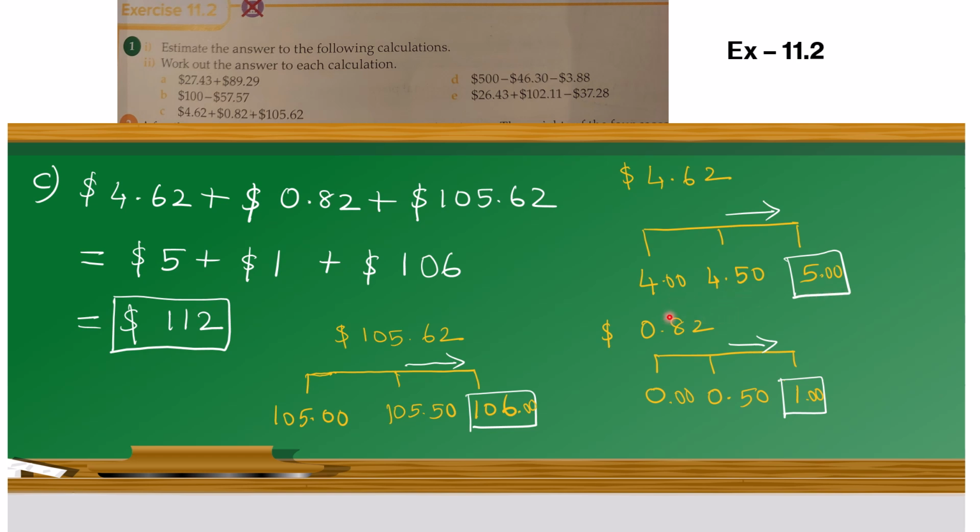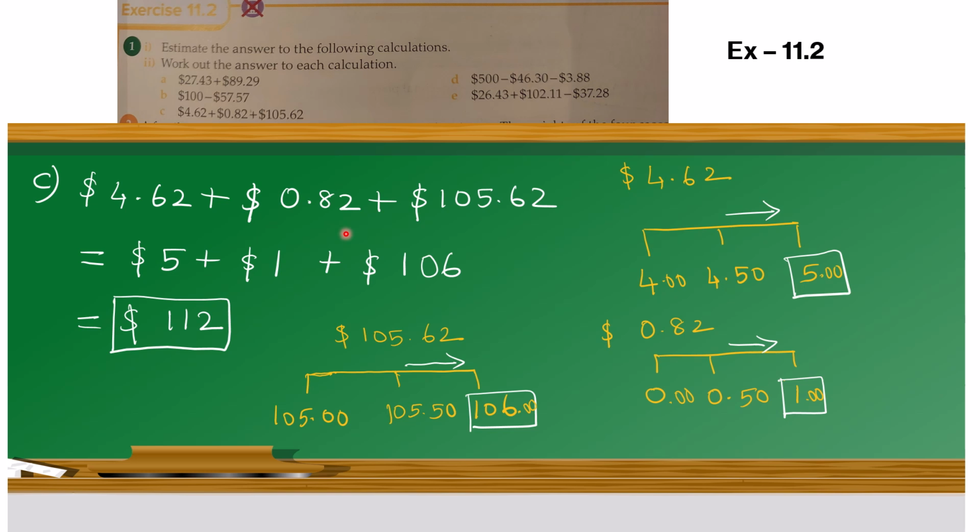Why is our number line having two decimal places? Because our question also contains two decimal places. So we are using the number line also with two decimal places. Okay. Now this 4.62 is above 4.50, right? So we have to take 5 as our rounding. So $5.